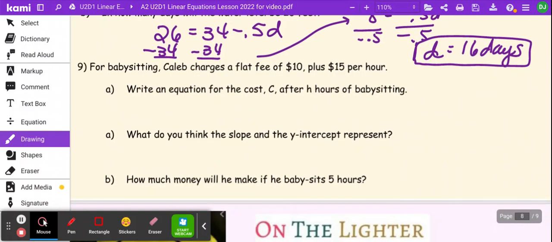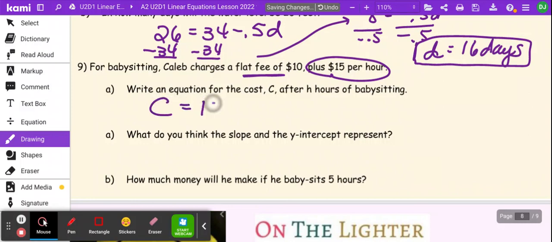Okay. Last but not least, for babysitting, Caleb charges a flat fee of $10 plus $15 per hour. Oh, do you recognize that rate? What's his rate of pay? And then do you recognize that flat fee? That's our constant. So write an equation where C is the cost and H is going to be the hours.